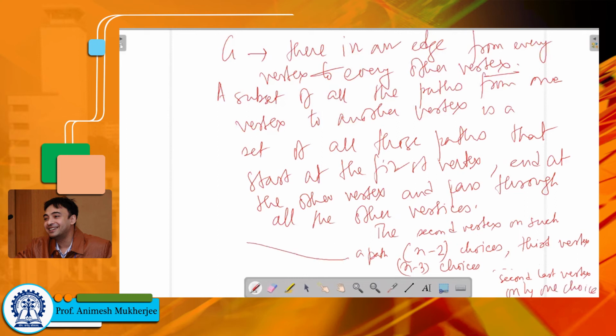So this leads you to a total number of how many choices? n minus 2 into n minus 3, and so on up to 1, which is n minus 2 factorial, which is worse than exponential.